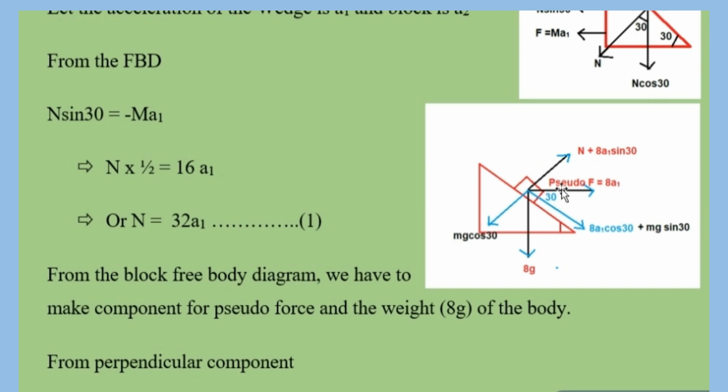That is a very important thing. And this normal and this pseudo force we will resolve into components. See, 8g is acting downside, and it will be resolved into two components: mg cos 30 and mg sin 30.